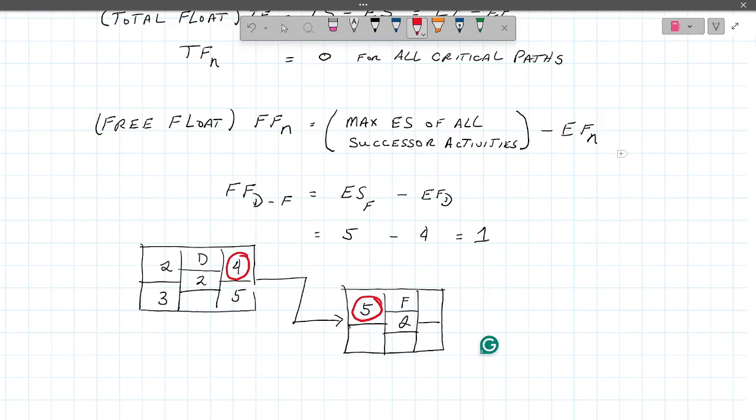So let's take a look at these two. So that 5 comes out of there, and that 4. Now let's go a different pathway for that. This 4 goes from here. Okay. And we get 1. So we got a week in there we can do anything we want with. And that's always helpful when you got a project that's trying to run tight on time. Okay. So far, so good.